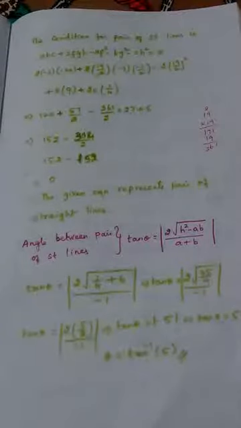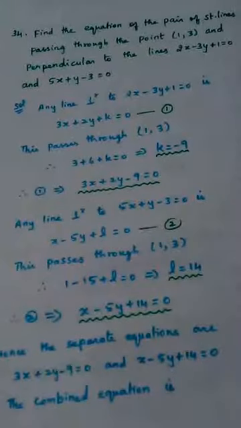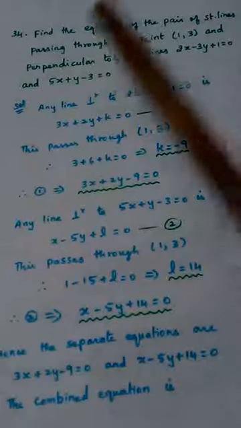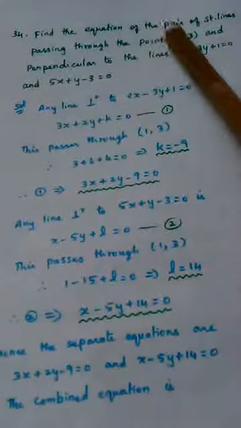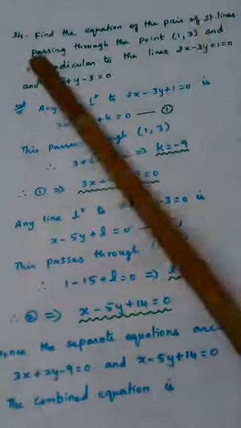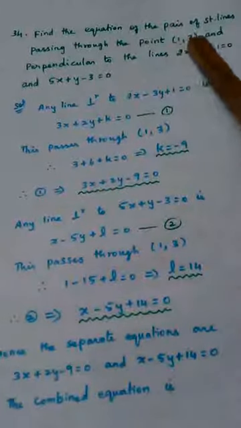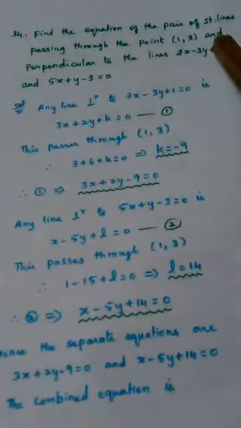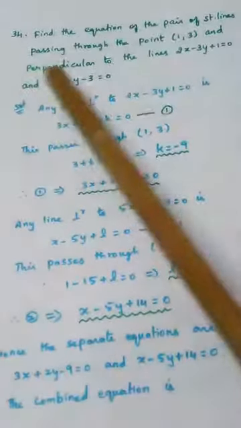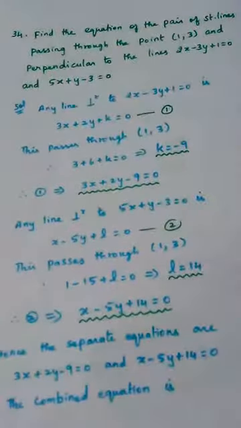Problem number 34. Find the equation of pair of straight lines passing through the point (1, 3) and perpendicular to the lines given. What is the meaning of this question?